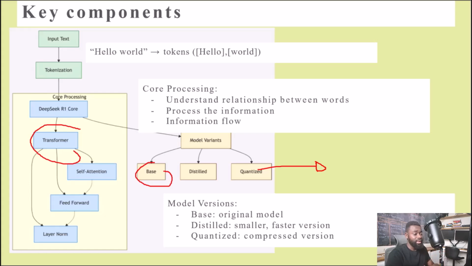Then we have layer normalization for stability, and residual connections, which help with training deep networks. That's a lot of jargon, but you have an idea. This core processing is where we have the understanding of relations between words, the processing of information, and making sure information flows correctly through the whole process.